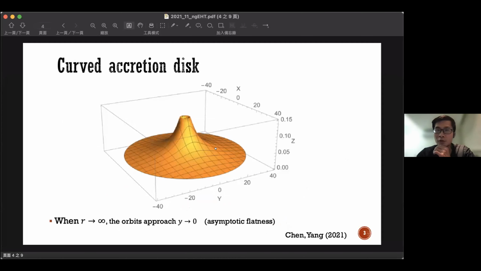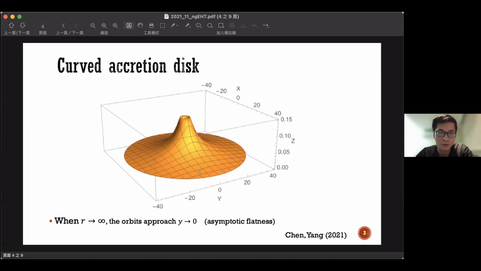One of the direct consequences of this Z2 asymmetry is that the accretion disk surrounding the black hole is in general not a flat disk lying on the standard equatorial plane. Instead, it becomes a curved accretion disk, as you can see in this figure. The reason for this is very simple.